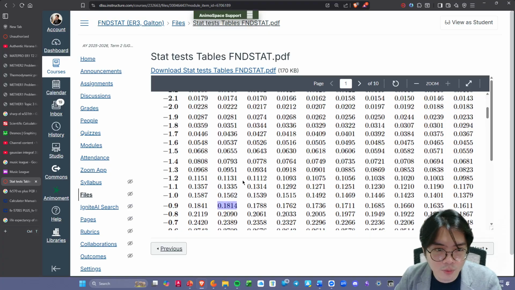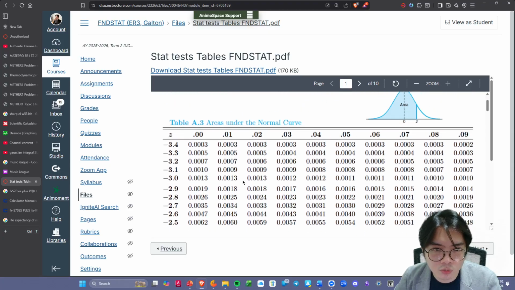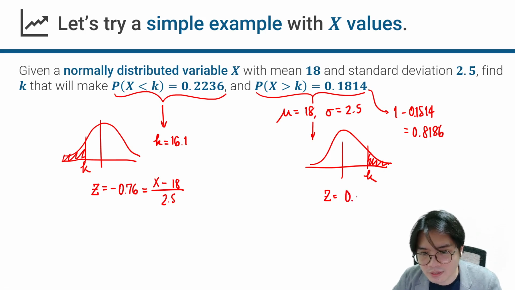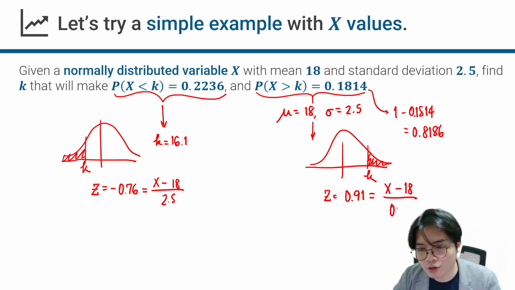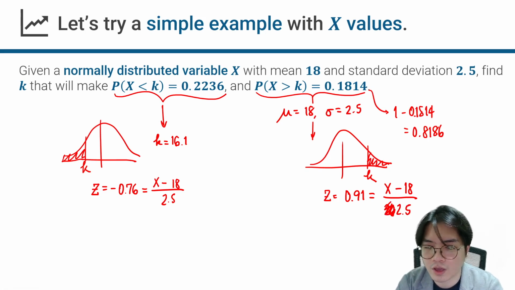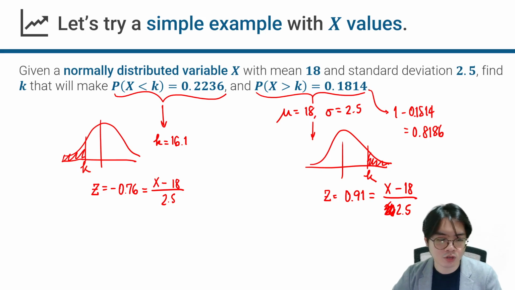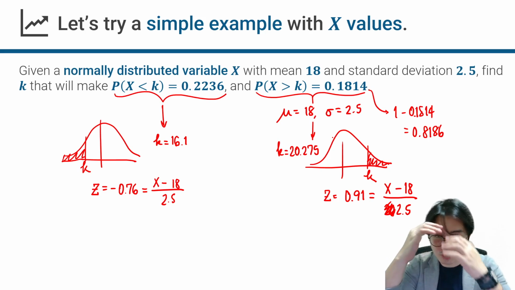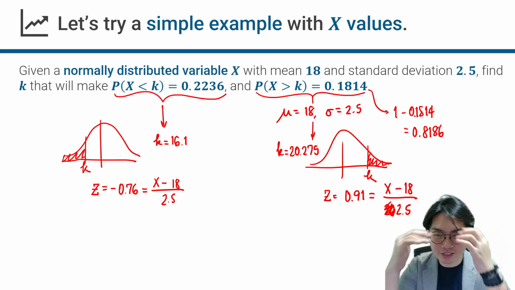This is now 0.91. And in this case, 0.91 is equal to x minus 18 over 2.5. 0.91 times 2.5 plus 18 gives us 20.275. K equals 20.275. That is how you backtrack.